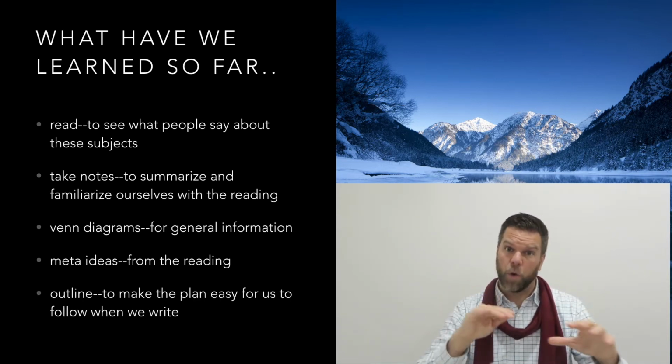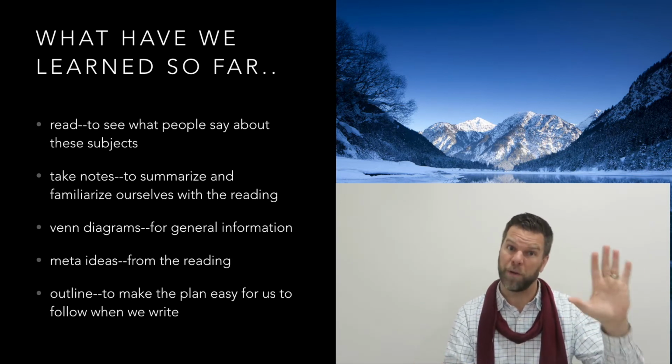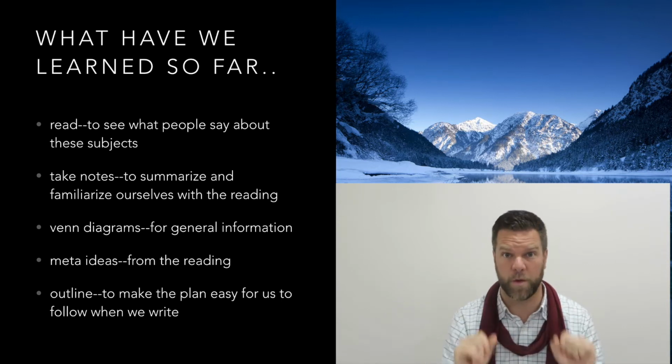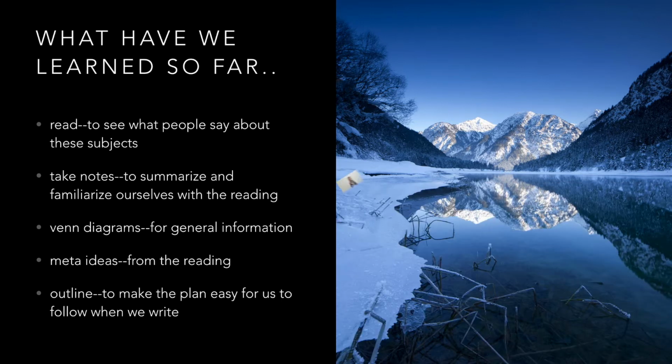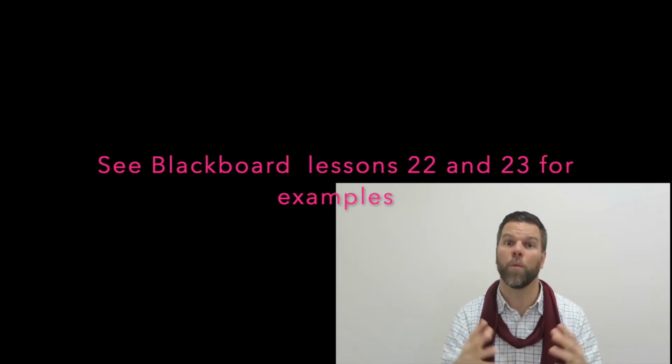When you get your meta ideas, then you make an outline. Are you going to do a block method, or are you going to do point by point? You need to choose one. There are examples of this on Blackboard or potentially on your Google Classroom.